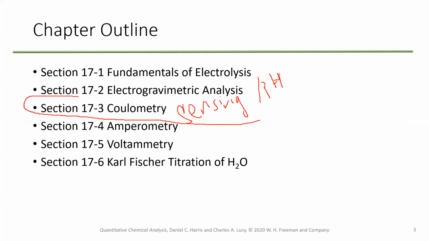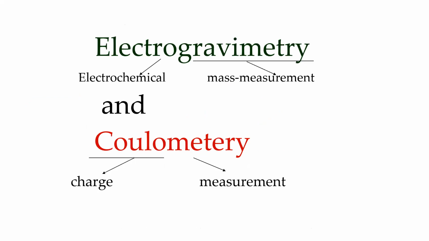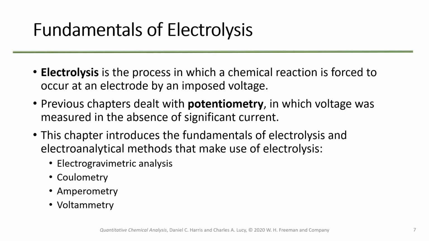Coulometry is where you're measuring basically a charge, and then amperometry is where you're measuring a current, and voltammetry is also measuring a current, but this is like your CV stuff. And then we did not do the Karl Fischer. So, electrogravimetry and coulometry.